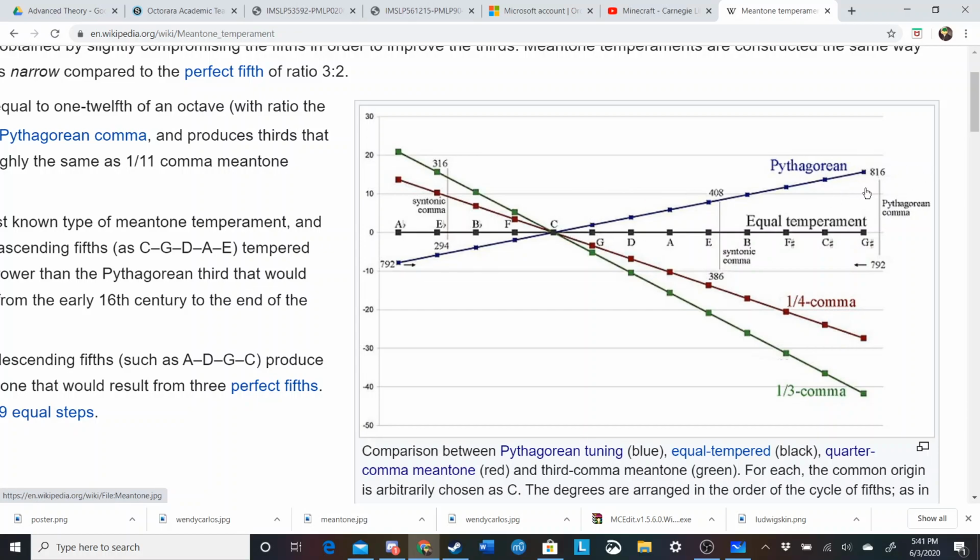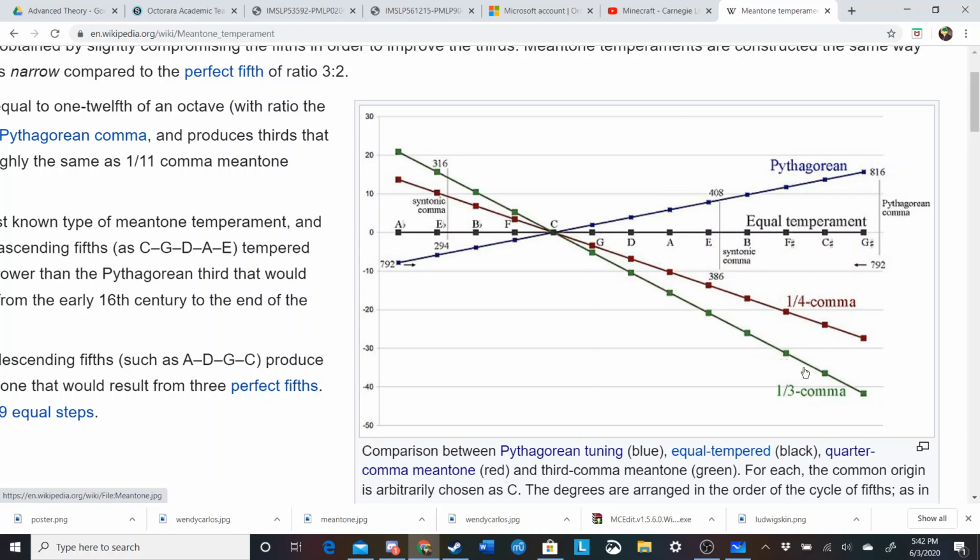Like I said, ultimately, if you were to go around, that last fifth, F to C, is not going to be a perfect fifth. It's going to be slightly lower than a perfect fifth, which means that Pythagorean tuning actually overshoots. So that's why it has a positive slope here, is if you stack 12 fifths in a row, your resultant C is going to be above a typical C by a Pythagorean comma.